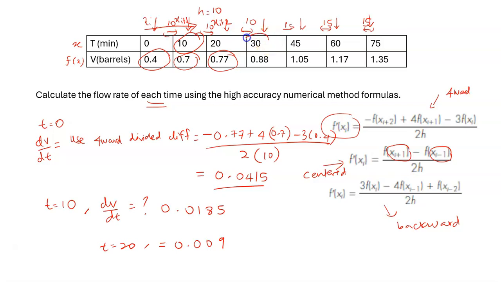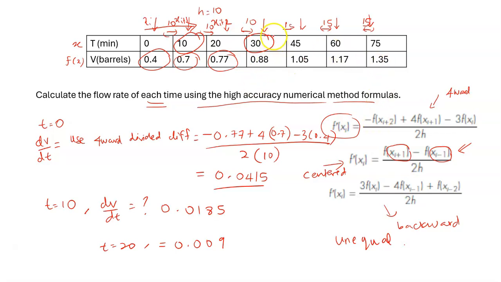Okay, so I'm going to explain how about the rest of the other data. For t equals 30, for the differentiation, you are asked to use the high accuracy numerical method formulas. Out of these three methods, the centered method is the most accurate, and then only comes forward and backward. But the highest accuracy formula is what we call the unequal formula.